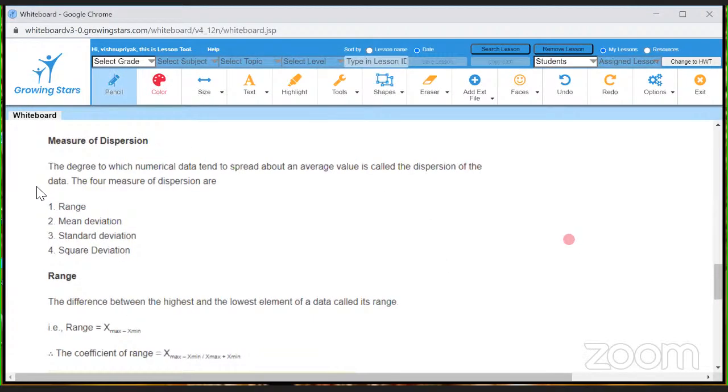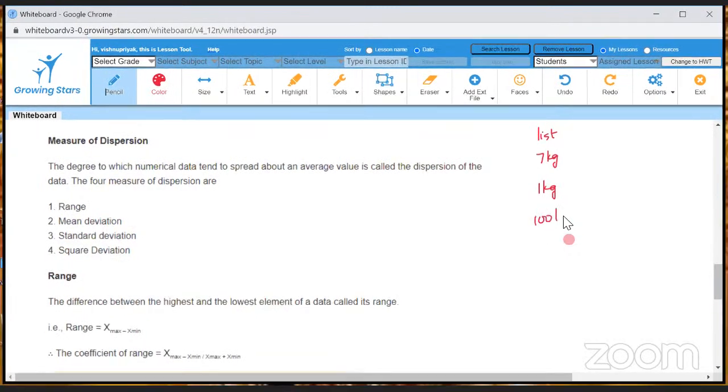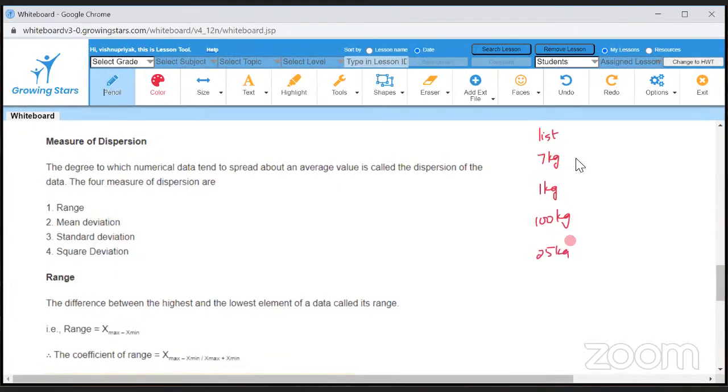When you see a data, when you see the list, one will be 7 kilograms, one will be 1 kilogram, one will be 100 kilograms, one will be 25 kilograms. So the list is scattered.